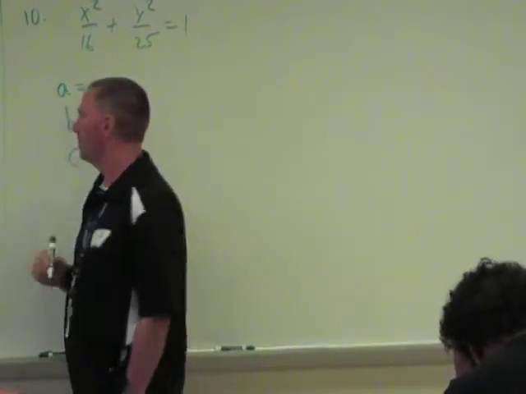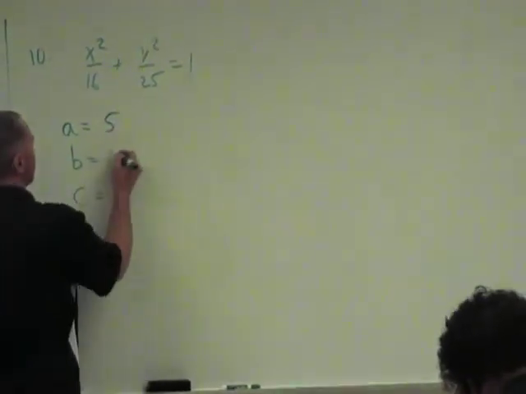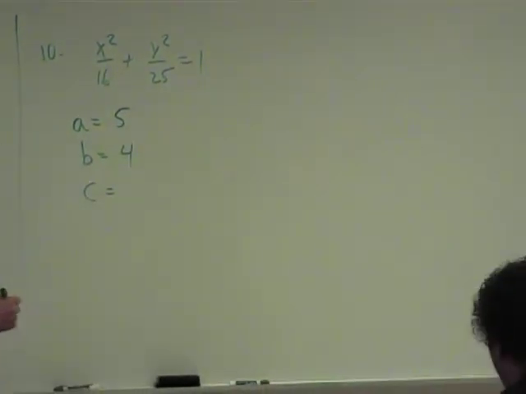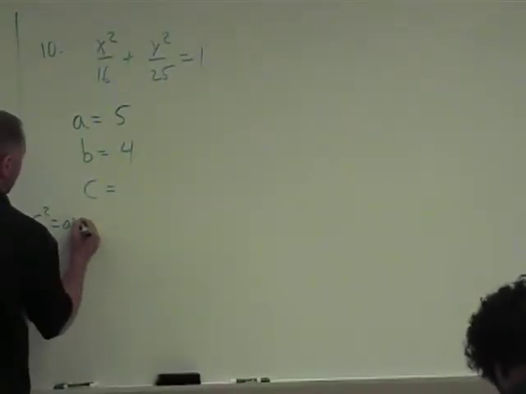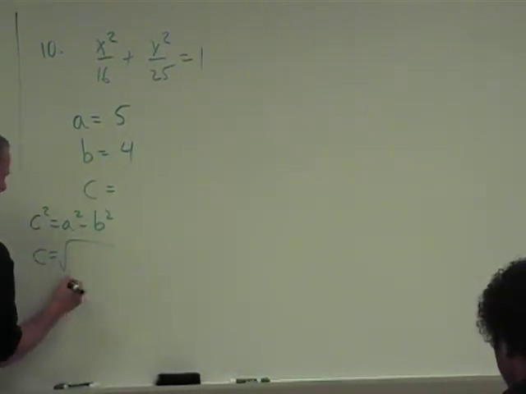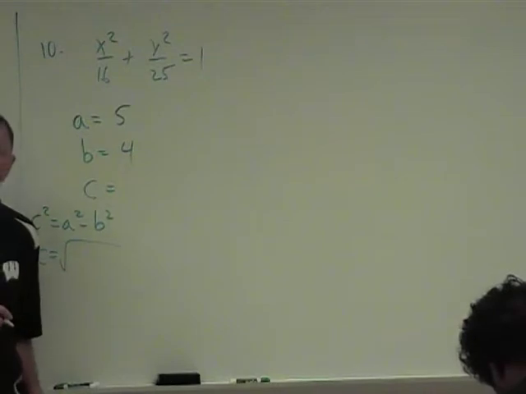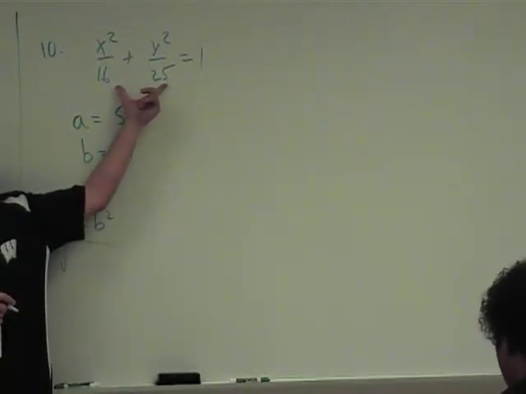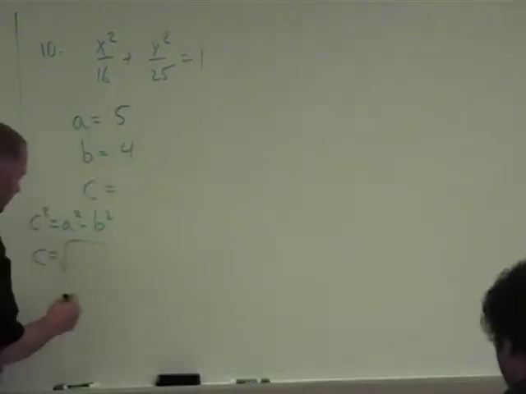Vertical. Good. Okay, so a is 5, b is 4. How do we find c? a squared equals b squared plus c squared. So c squared is a squared minus b squared, and c would be the square root of that, right? Well, we already have a squared and b squared right here: 25 and 16.